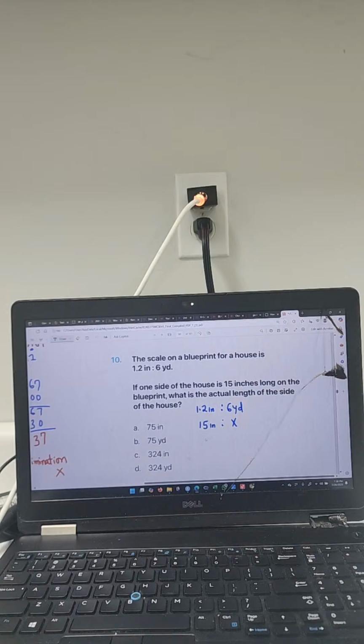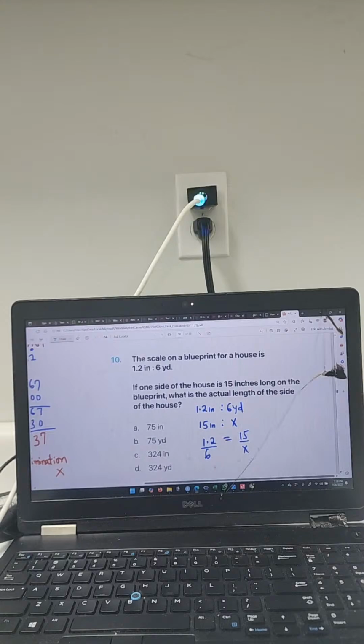So there are different ways you can do this. You can use ratio. You can just use direct equation. You can calculate 1 yard. Even several ways. One of the ways you can do this is, you have 1.2 inches to 6 yards, this is ratio, right? 1.2 over 6 equals 15 over x.